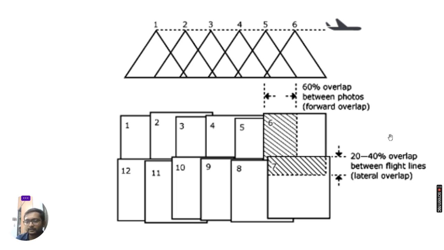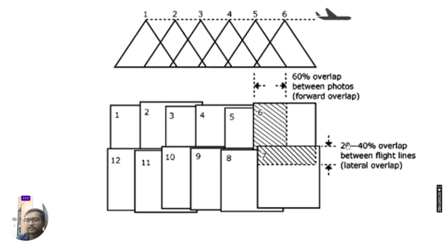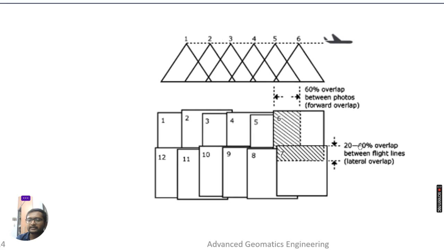That is known as side overlap or lateral overlap, and 20 to 40% lateral overlap is necessary. So forward it is 60%, and side 20 to 40%.